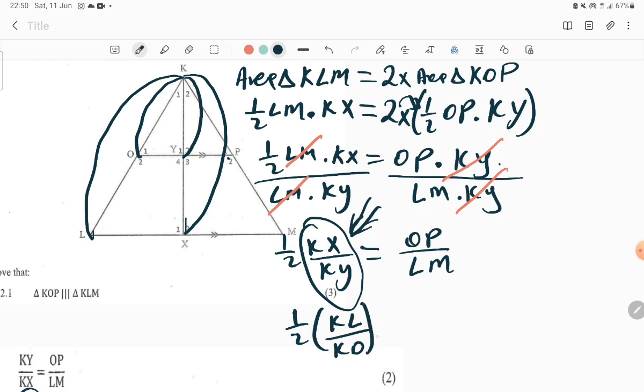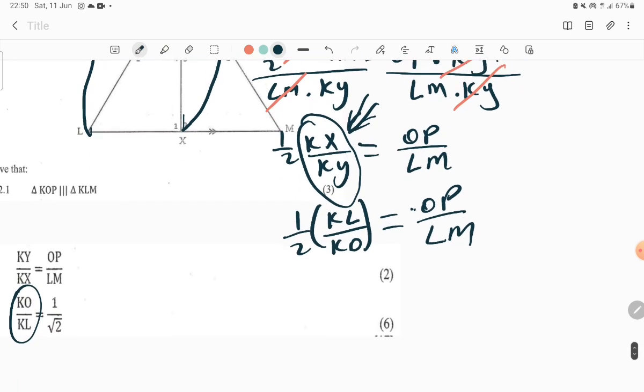Then therefore this is equal to OP divided by LM. But at the end of the day, I can just take this 2, which is dividing this side, and multiply that side. But nonetheless, let me just for now leave it this way.